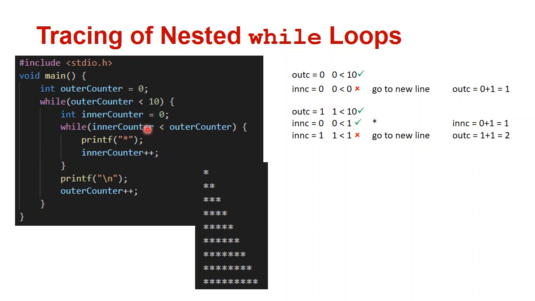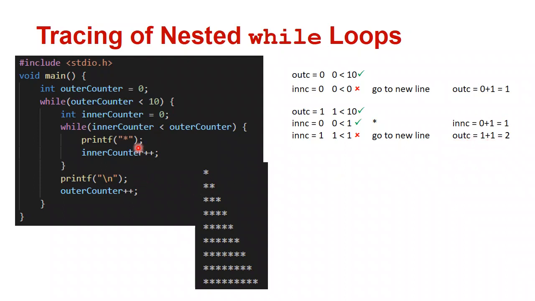Now again check the condition, 1 is less than 1, condition false, so we skip this inner while loop and go to the outer while loop statement. Go to the new line and update the outer counter, 1 plus 1, 2.